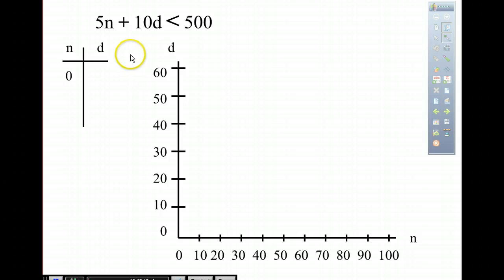Divide both sides by 10. You get 50. And same thing here, plug in 0 for d. 5n is less than 500. Divide both sides by 5, and you get 100. No slope, no y-intercept, none of that stuff to really worry about.